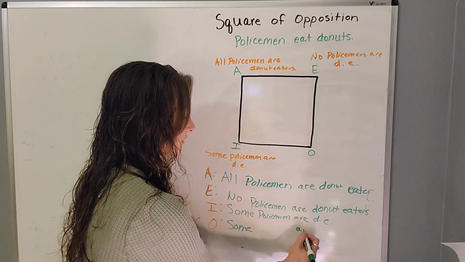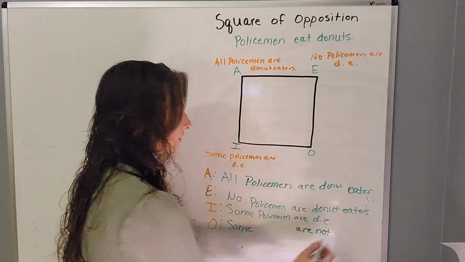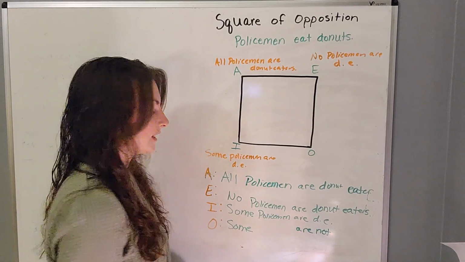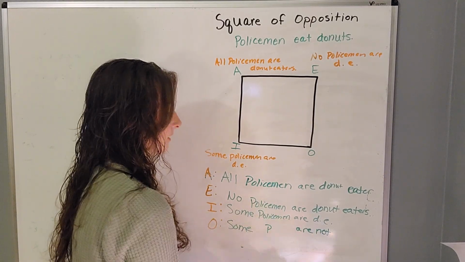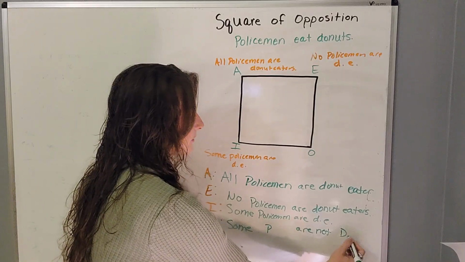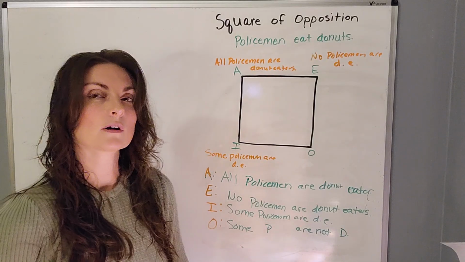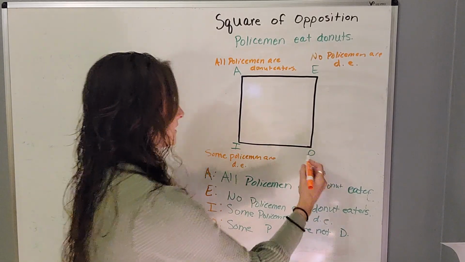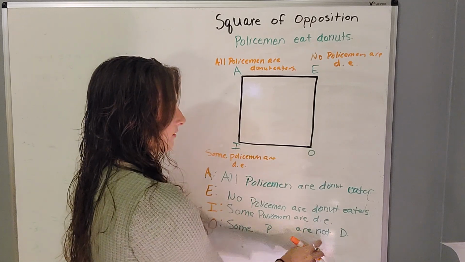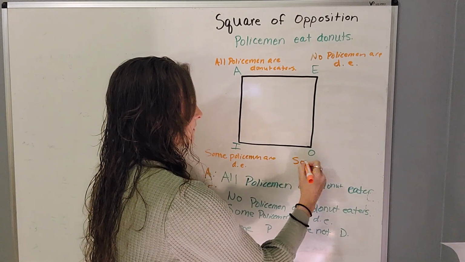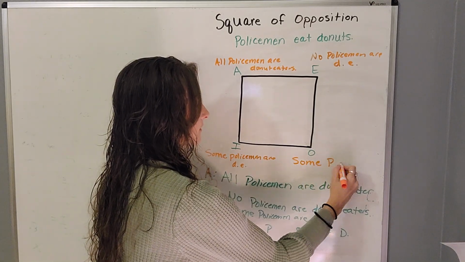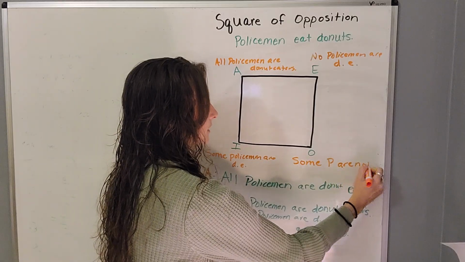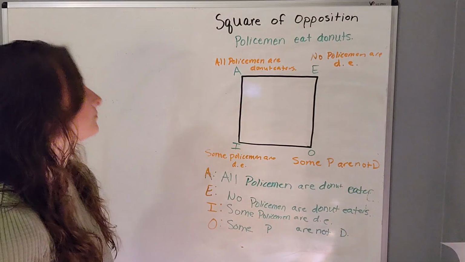And I'm going to say are not. For time's sake, I'm actually going to start abbreviating policeman with P. And I'll drop it down to D for donut eaters. All right, so some P are not D.